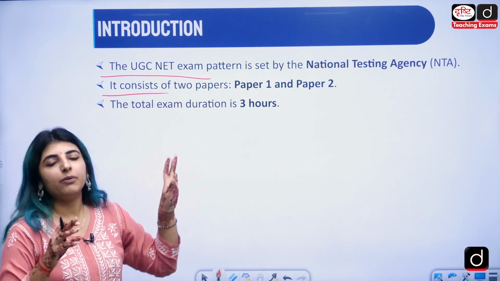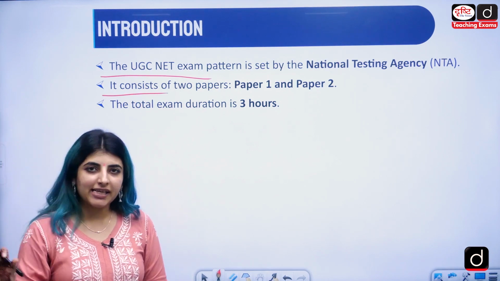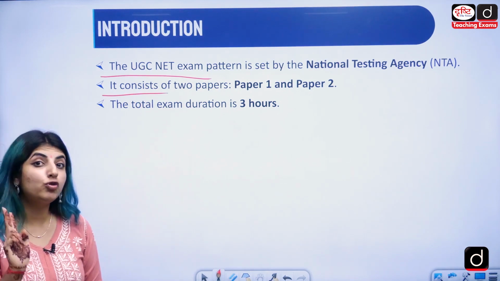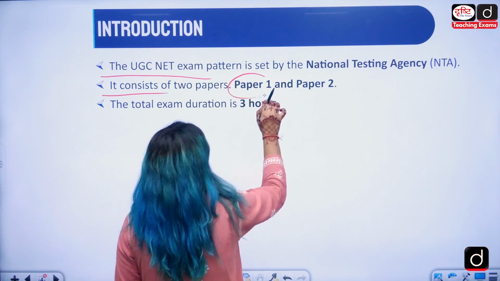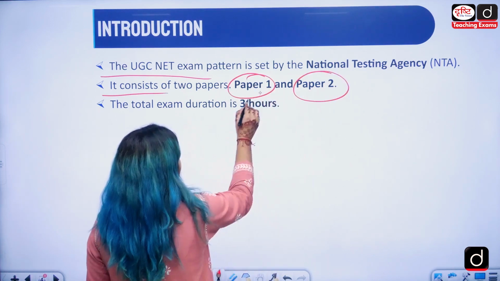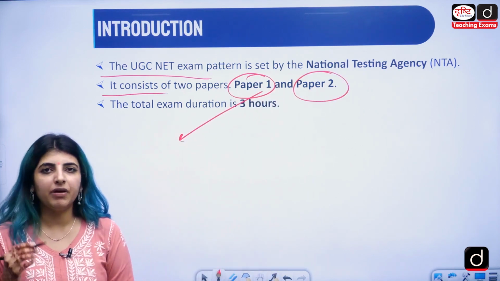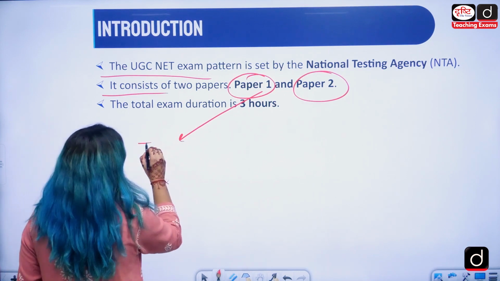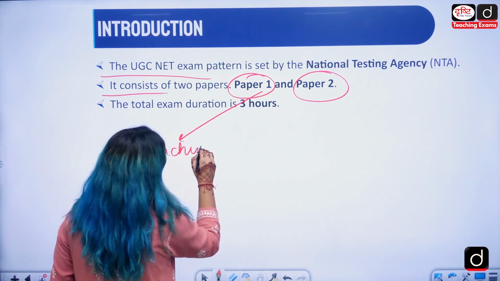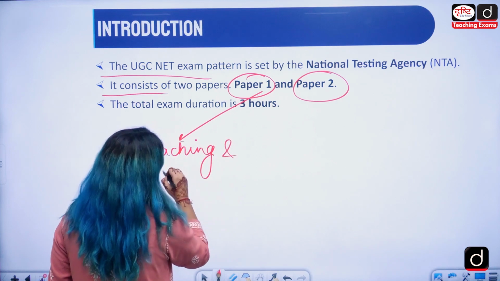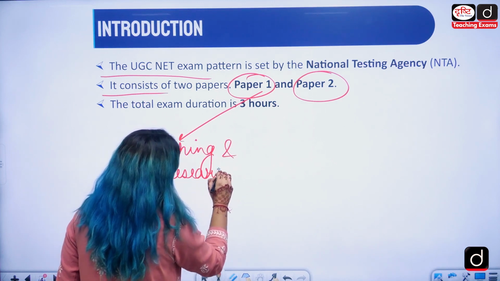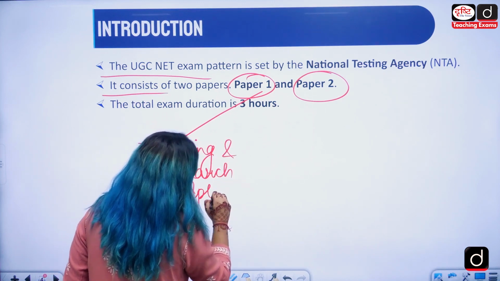The entire UGC NET paper is divided into two sections, paper 1 and paper 2. Paper 1 is targeted at different units, which are 10 in number, and the topic that is generally considered is teaching and research aptitude.